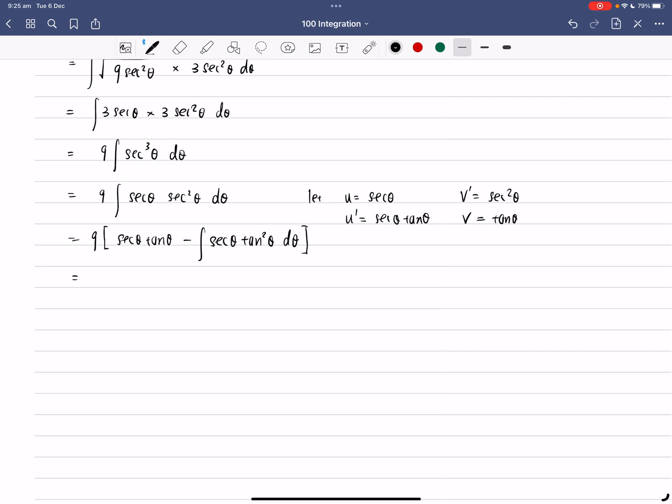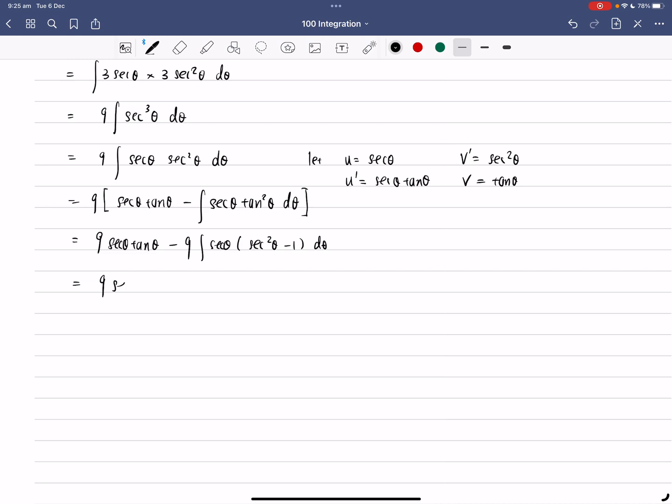Now let's continue. We can expand this bracket. We need to change tangent squared theta, which is equal to secant squared theta minus 1. At the end of the day, you can see that we change this back into secant cubed theta later.